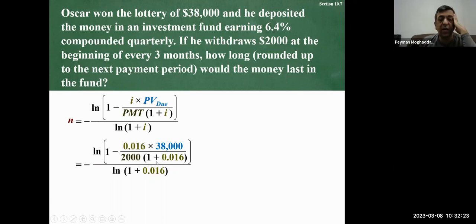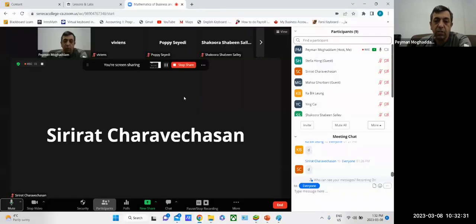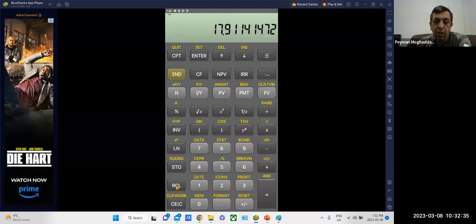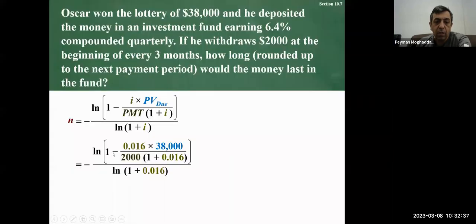Let's do this together in the calculator. We just go for the innermost part. So we find the numerator, we find the denominator, and then 1 minus this guy.